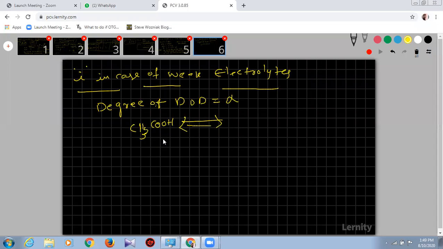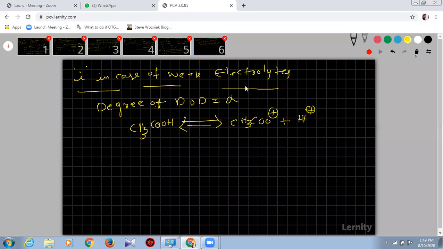Usually it's a weak acid. All organic acids are weak acids. It converts into acetate ions, showing acidic behavior by releasing H plus ions, but it won't act as a strong acid. How can you differentiate a strong acid from a weak acid, or a strong electrolyte from a weak electrolyte?